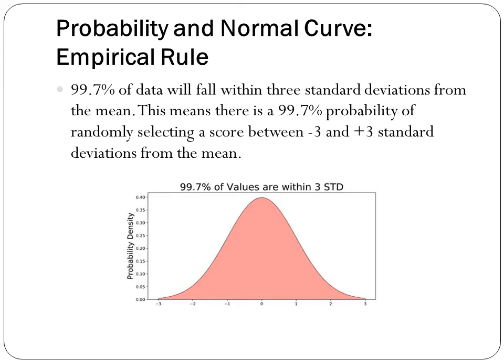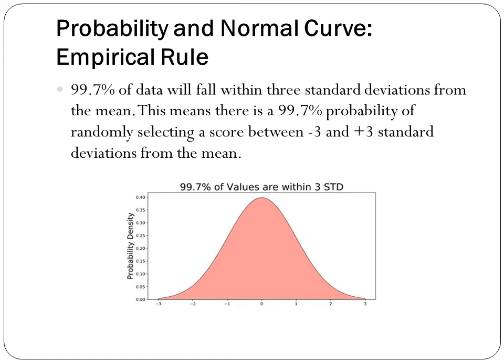So 99.7%, that's the highest value or area that we can get out of the areas under the normal curve. So 99.7% of the data will fall within 3 standard deviations from the mean. This means that there is a 99.7% probability of randomly selecting a score between -3 and +3 standard deviations from the mean.